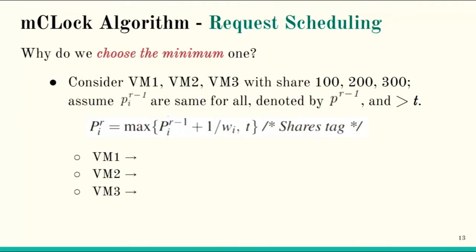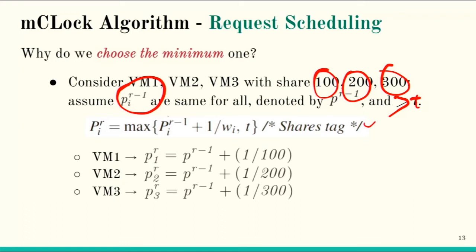Why do we choose the minimum one? I will give an illustration. Consider VM1, VM2, and VM3 here with shares of 100, 200, and 300, and let's assume that the tag value in the previous step is the same for all, denoted by P(r-1) here, and bigger than T. This is just an example, and this is the formula.